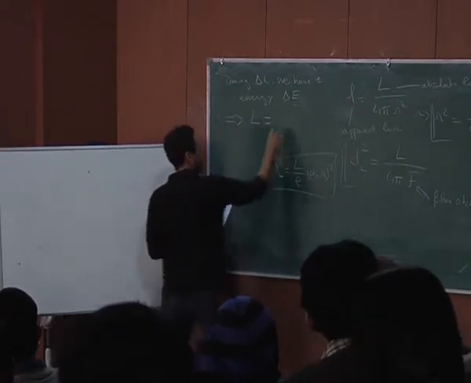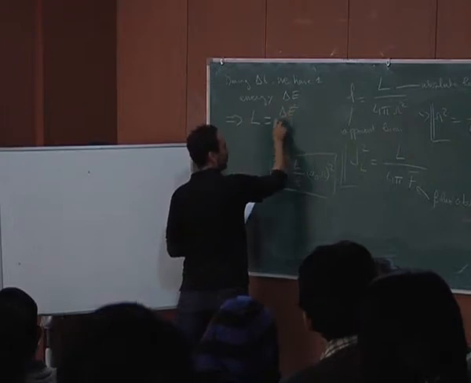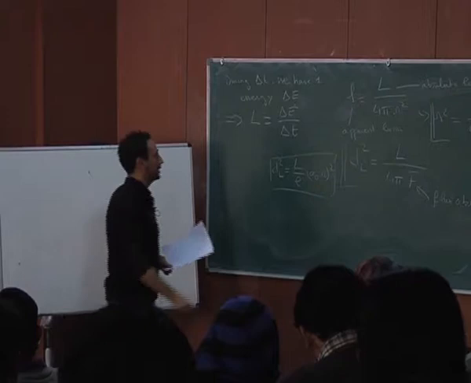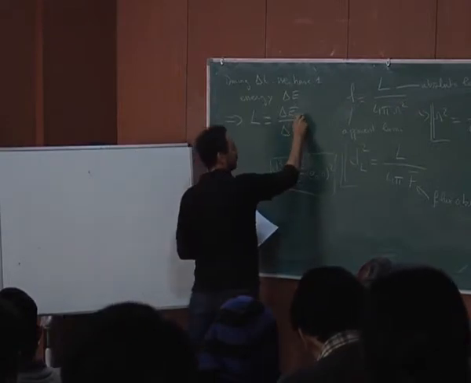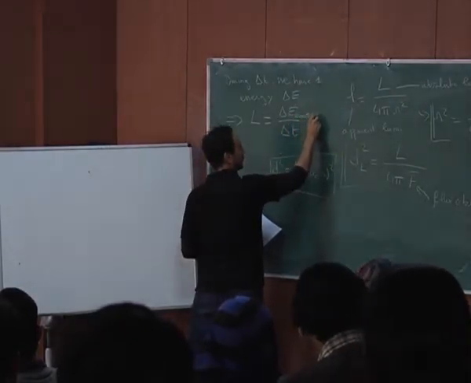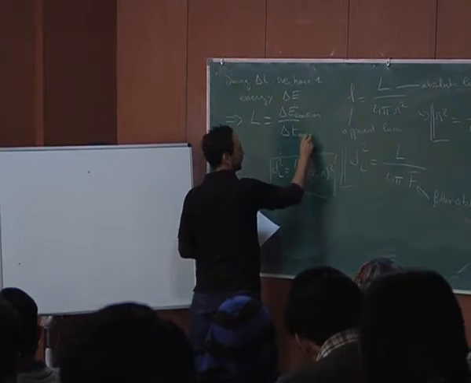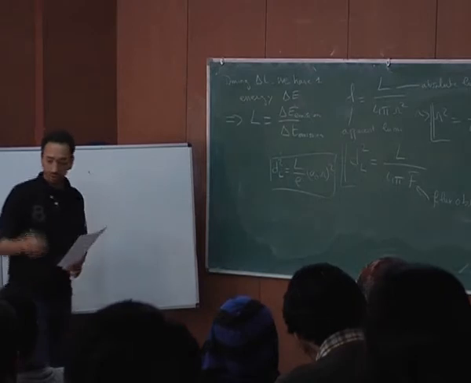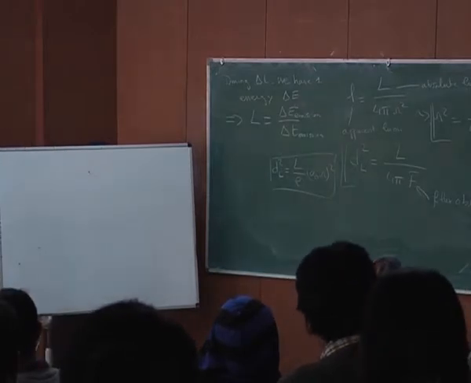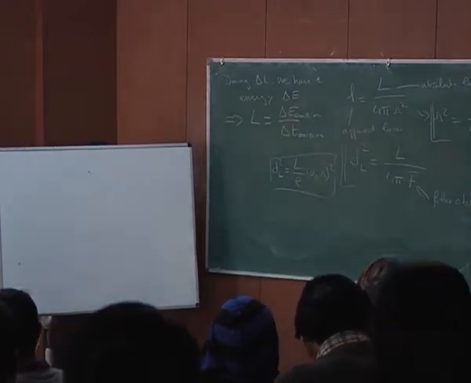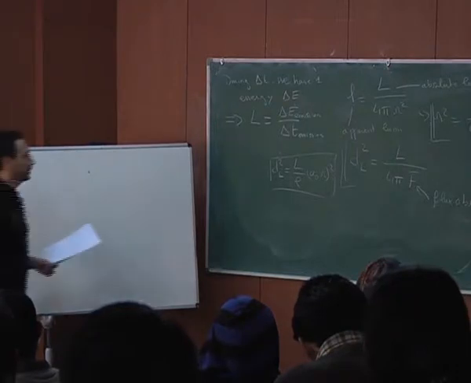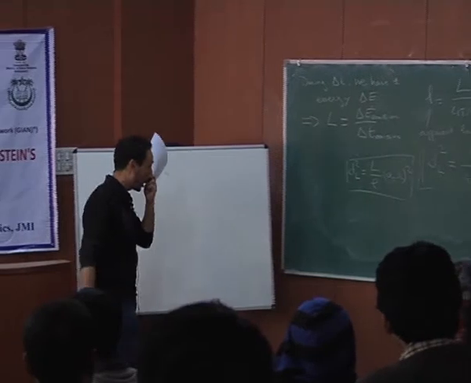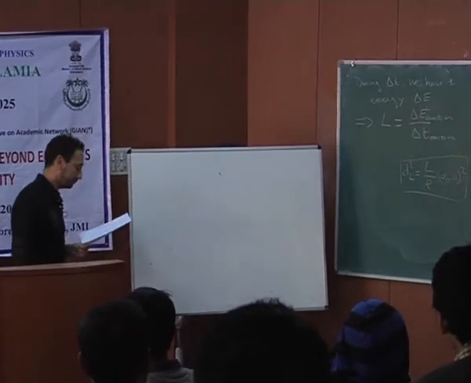It's the variation of the energy divided by the time. That is the luminosity. So that is during the emission. During emission, there is some energy which is emitted during some time, delta t, and that is the luminosity. This is how it is defined: the variation of energy divided by the variation of time.